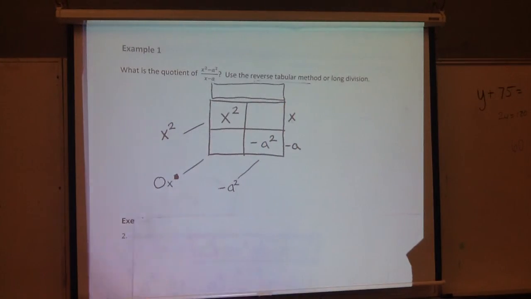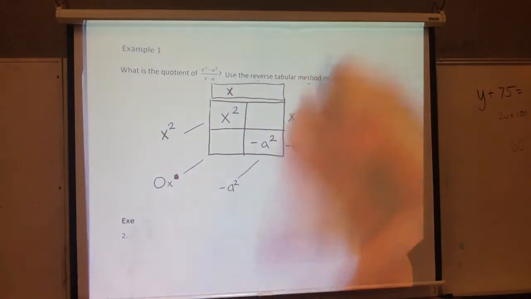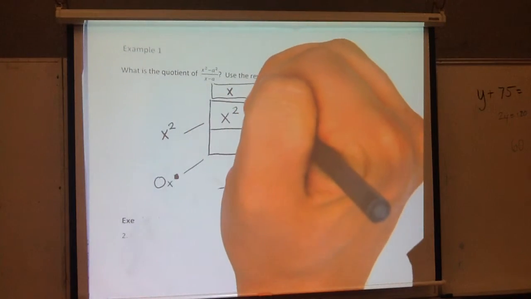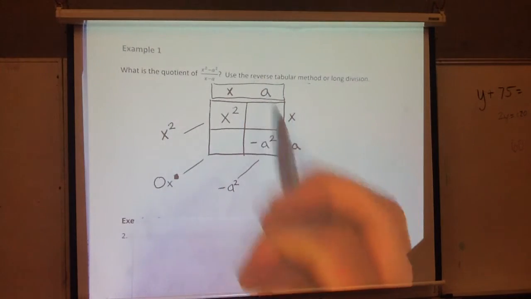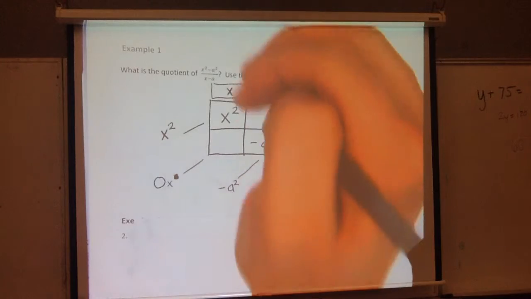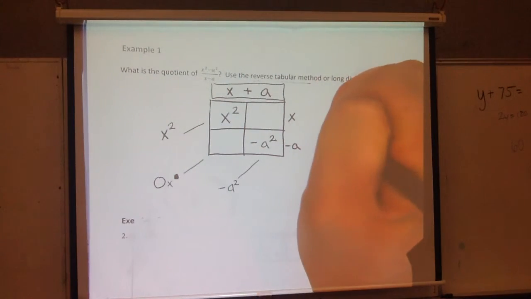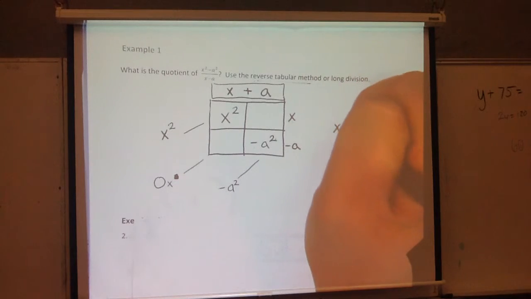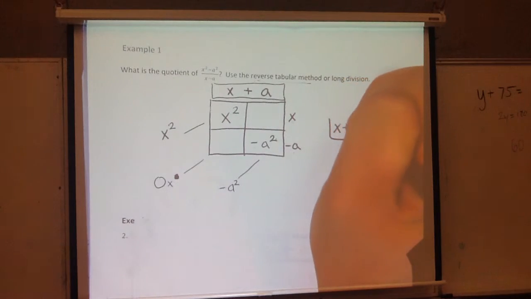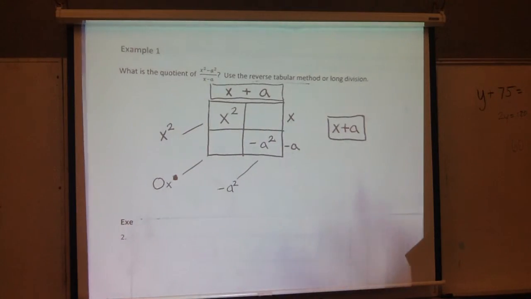And just by doing that, we figure out that this must be x, and this must be a, because a times negative a is going to get you negative a squared. And so your answer here is x plus a. And so that is the quotient to this division problem.